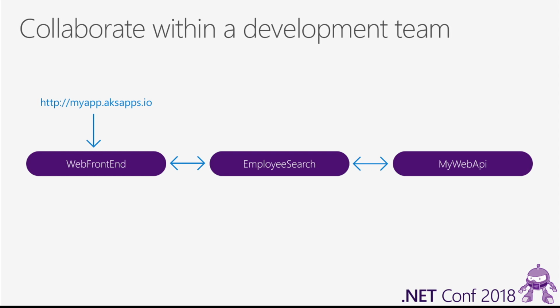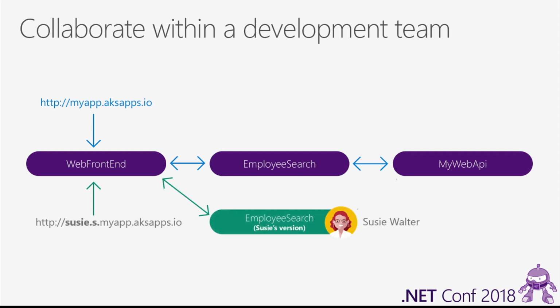Now, what if my teammate Susie is working on that employee search service? What DevSpaces allows her to do is create her own copy of that employee search service. And she can run it in her own space, or a dev space. Let's call that dev space Susie, since it's Susie who's working on it here.